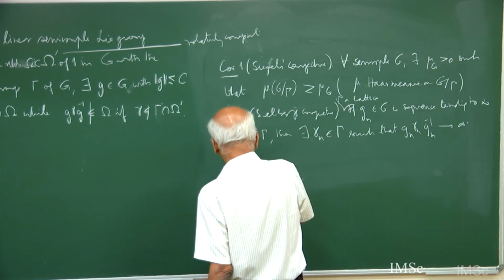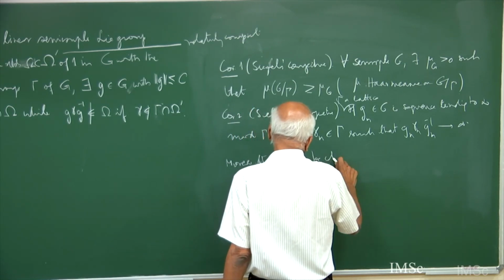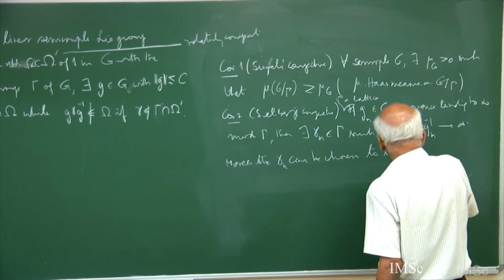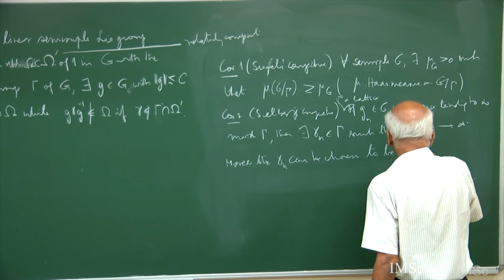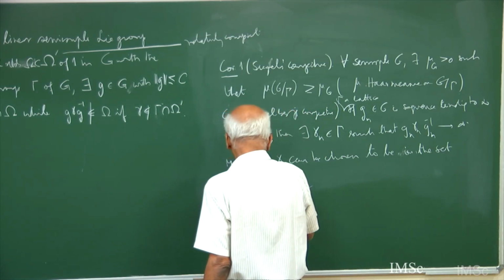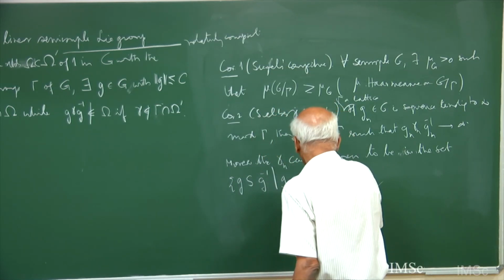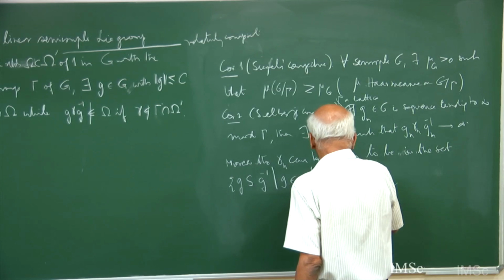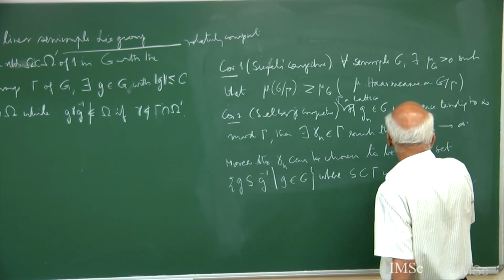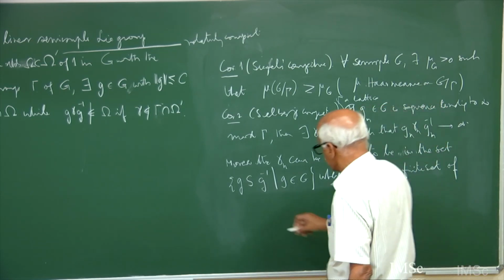Moreover, the gamma n can be chosen to be in the set S, where S in gamma is a finite set of unipotent elements.